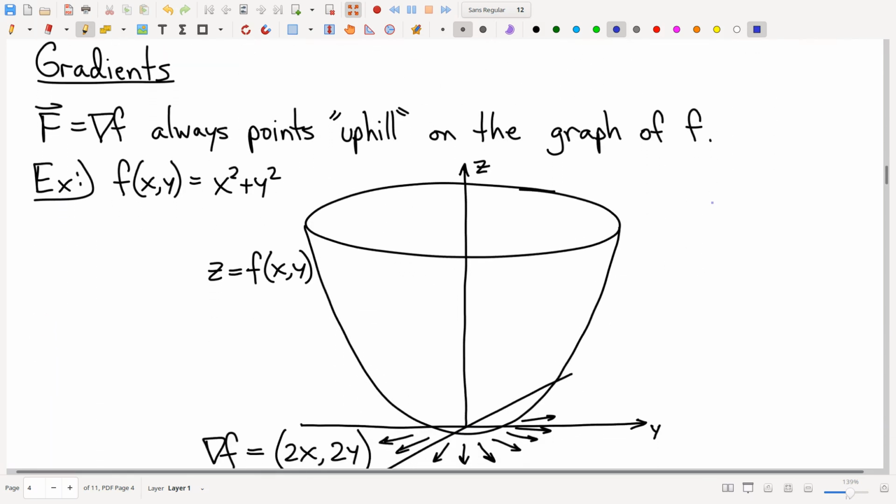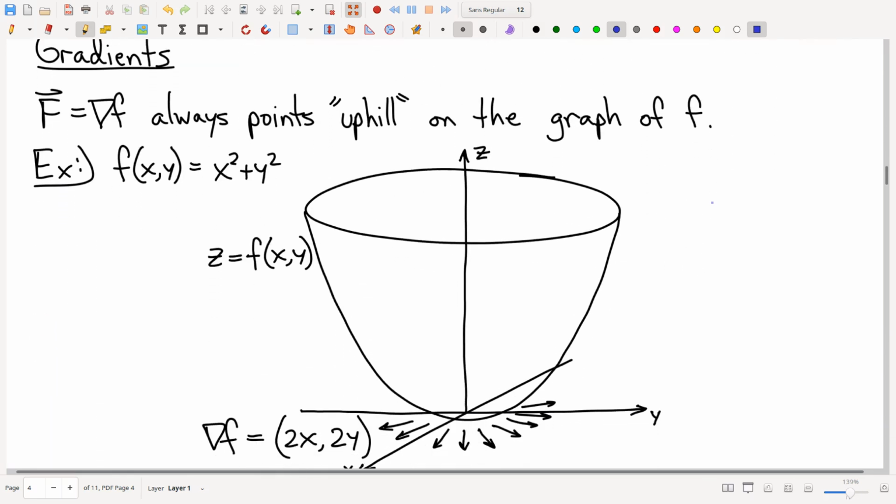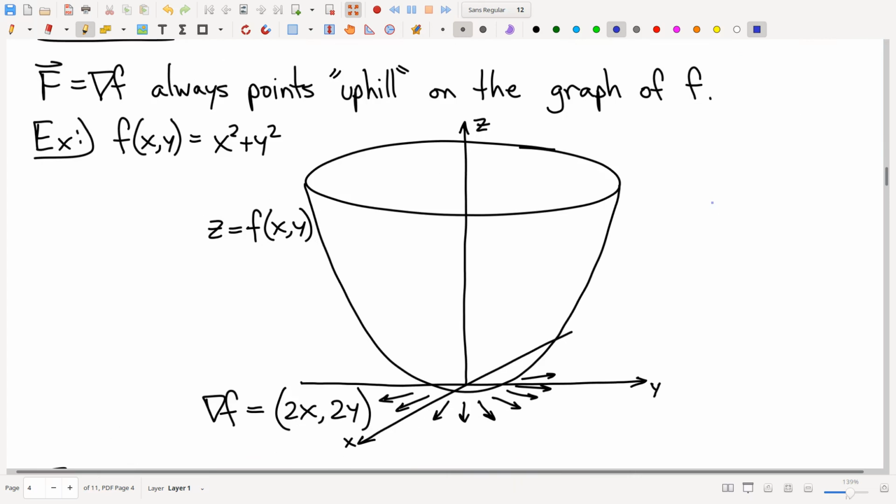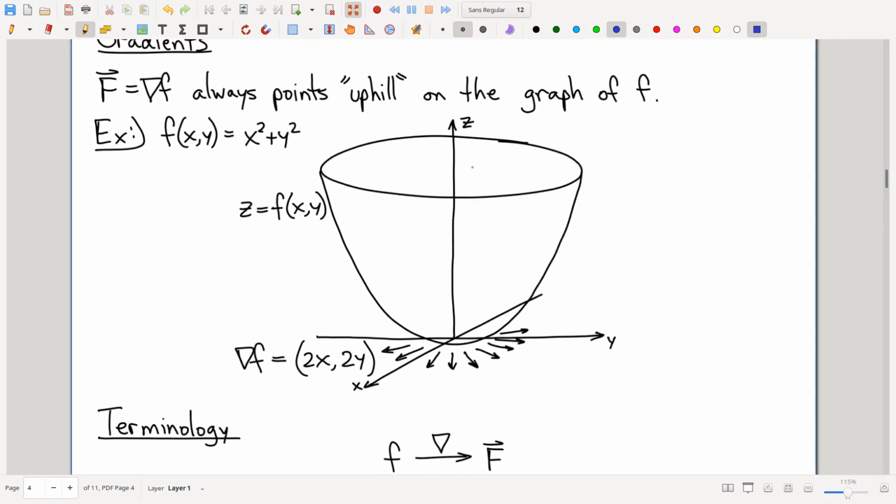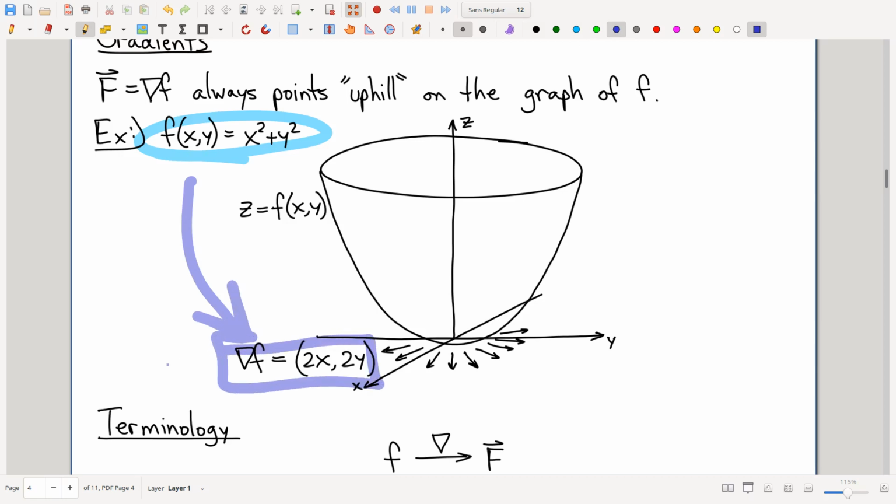Okay, gradients. This really is not that big of an observation. Old news, we know what this thing is called, a gradient. If you give me a function, then we can take the various partials, and this is the gradient. The only observation I'm going to make here is that, in fact, this gradient, we hadn't thought of it this way at the time, but it's a vector field.